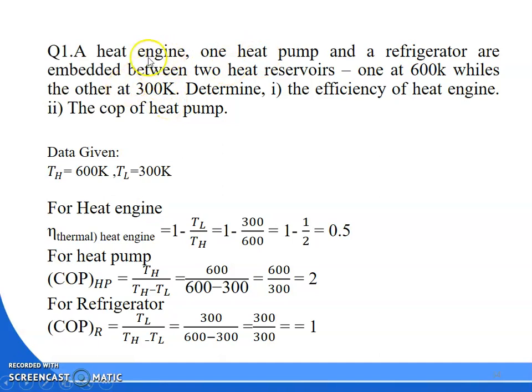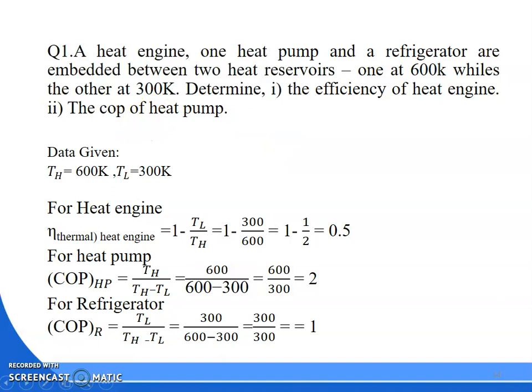So 600 is the high temperature, so that is your source, the high temperature reservoir. 300 Kelvin is your low temperature reservoir. So 600 Kelvin is your TH and TL is your 300 Kelvin.